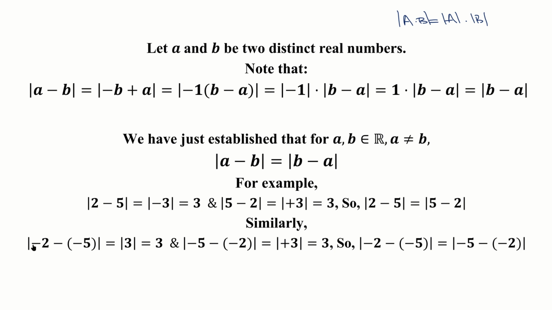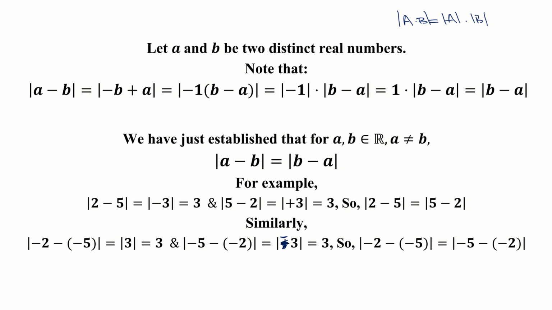How about the absolute value of negative 2 minus negative 5? Well, that's going to be the absolute value of negative 2 plus 5, which is the absolute value of 3, which is 3. How about the absolute value of, if we change the order, negative 5 minus negative 2? Well, that's going to be negative 5 plus 2, which is negative 3.